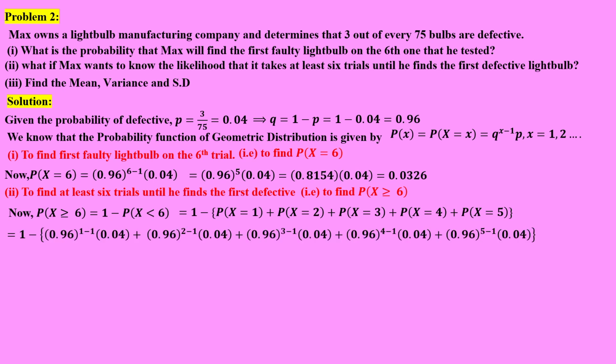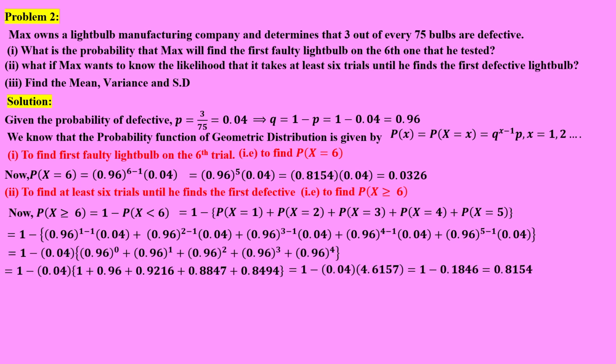Adding all those and substituting the values: 0.96 power 1 minus 1 into 0.04, plus 0.96 power 2 minus 1 into 0.04, 0.96 power 3 minus 1 into 0.04, because probability of x is equal to q power x minus 1 into p. Similarly up to 5, 0.96 power 5 minus 1 into 0.04. After simplification you will get 0.8154.